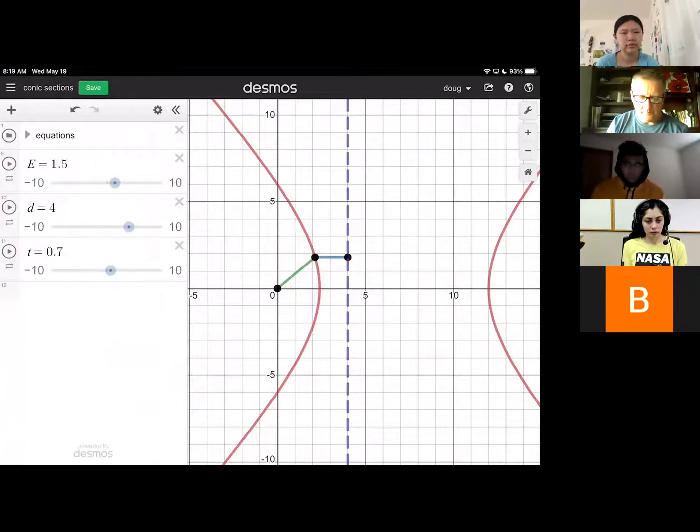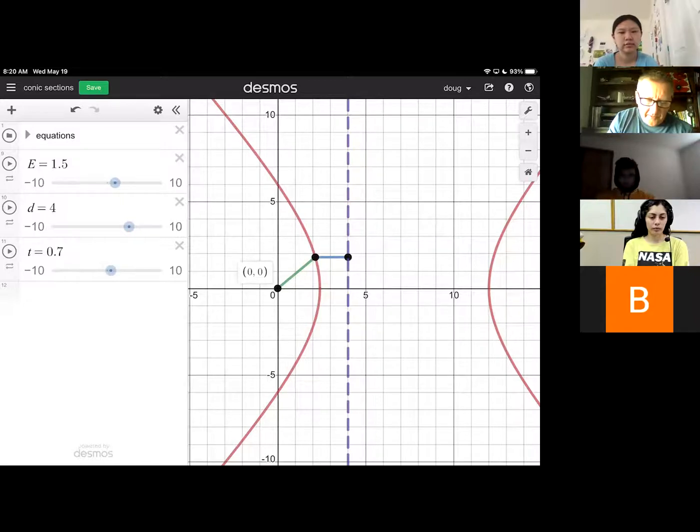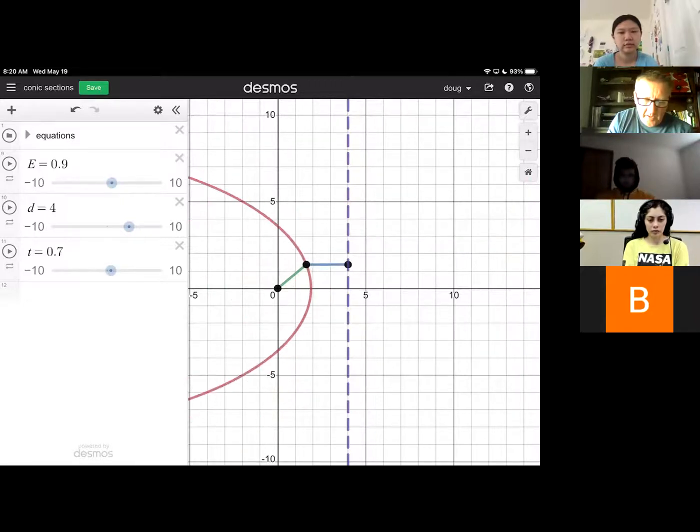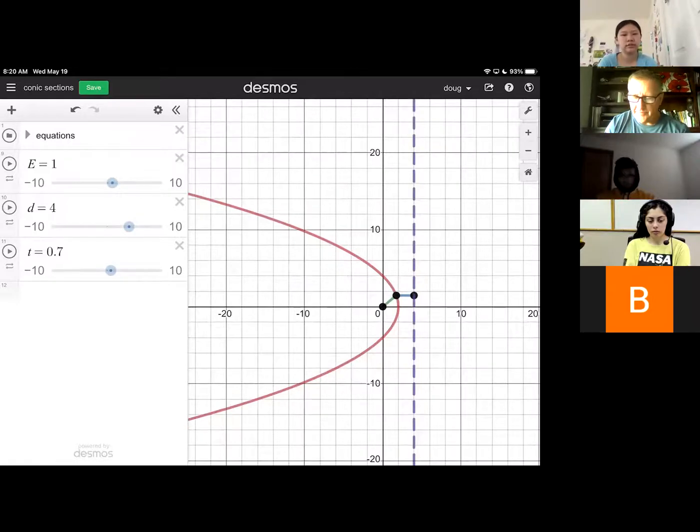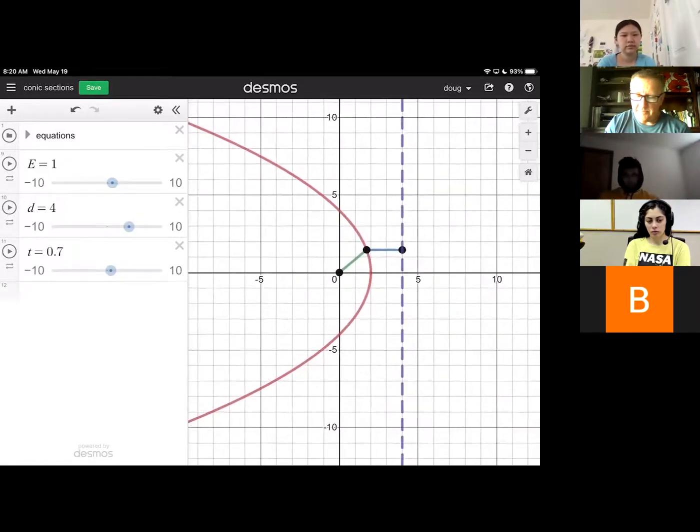So this E value, notice the green, yesterday we had the green line, which was the distance from the center or the focus up to the point that's on the curve, and then the horizontal blue line to there. And notice they're different lengths right now. And yesterday, when those lengths were exactly the same, when E was 1, that actually produced a parabola. This is the mathematical version of the same thing.